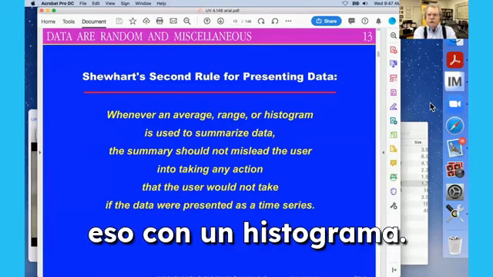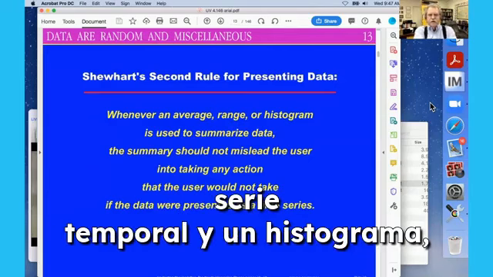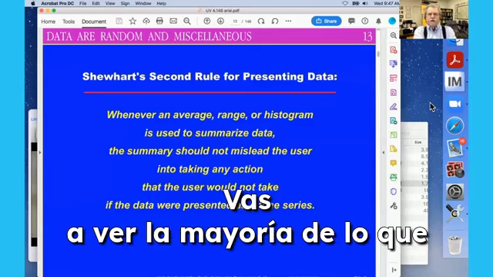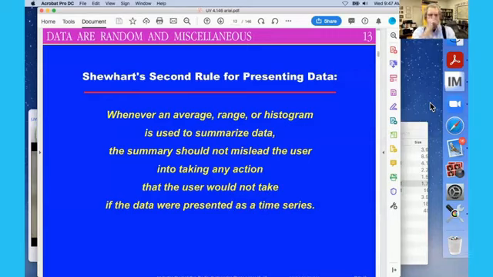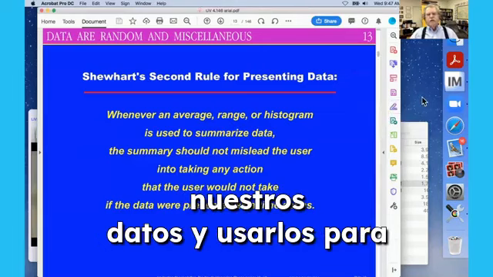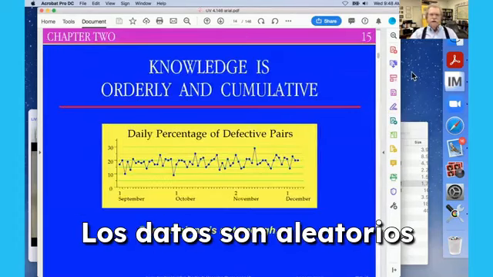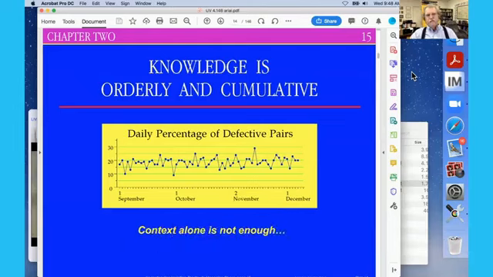Occasionally we will supplement that with a histogram. And with the time series and a histogram, you've got your two basic graphs. You're going to see most of what's going on in the data. Shewhart is focused on understanding our data and using them to make predictions. Data are random and miscellaneous, but knowledge is orderly and cumulative.